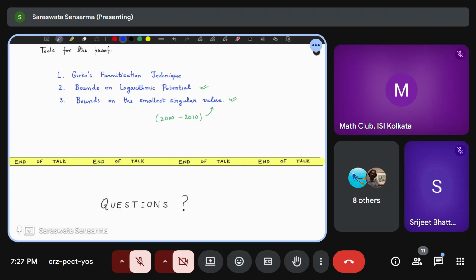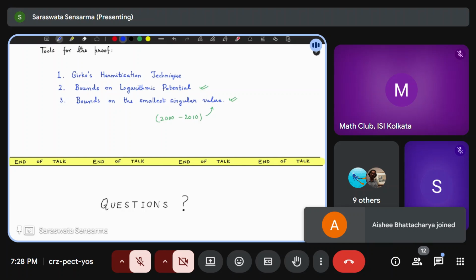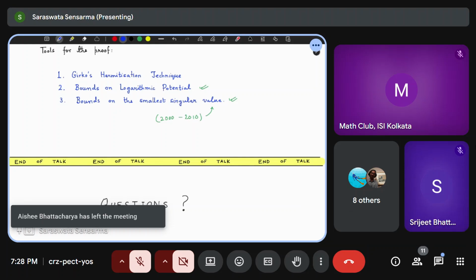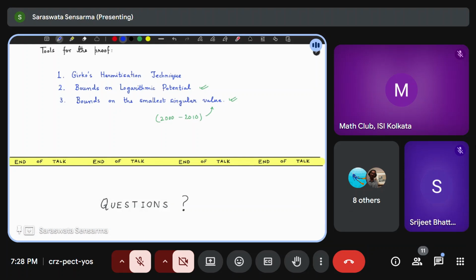Let me quickly summarize what we did. We looked at the semicircle law for random matrices, which talks about this point process of eigenvalues and what it converges to overall. Secondly, we looked at two proofs of this. First one was mostly a combinatorial proof, originally due to Wigner, which uses basic techniques, but it's not very generalizable.